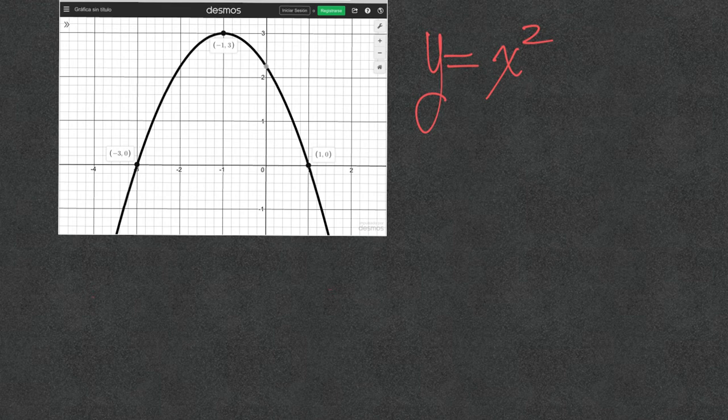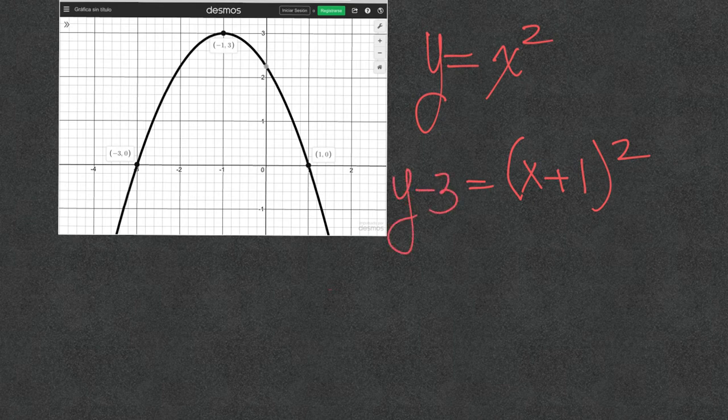In this case, there's no horizontal reflection. Anything horizontal with the x, anything vertical with the y. So it's moving 1 unit to the left. Remember, you are inserting it, opening a parenthesis, so we're going to put +1, and y minus 3. We are changing our signs. It's moving 3 units up, so we put -3. It's moving 1 unit to the left, so we put +1.